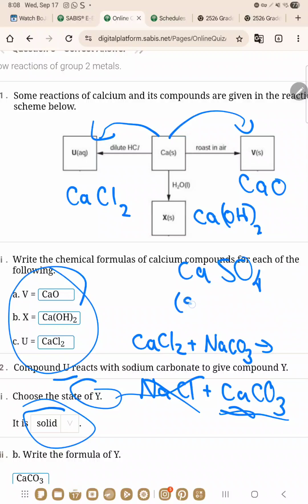Most people put down calcium sulfate as aqueous. Calcium sulfate is not soluble at all. Calcium sulfate is a solid, so you cannot write down aqueous. And a lot of students got that wrong from last week's AMS quiz. So yeah, we said the formula of Y is CaCO3.